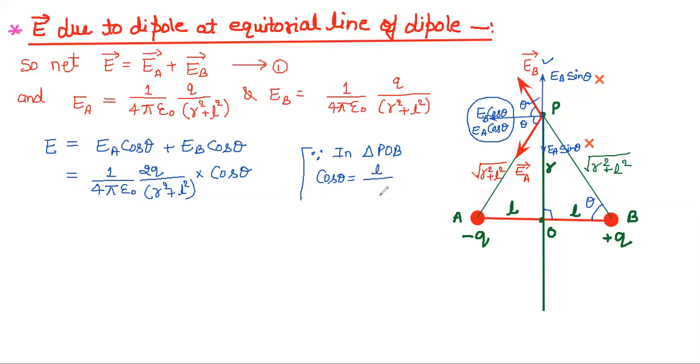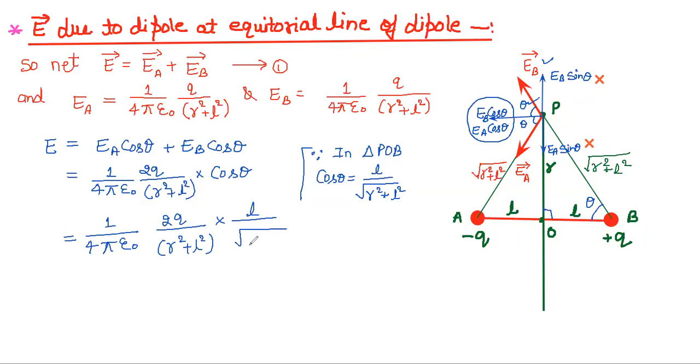Base is L, hypotenuse is under root R square plus L square. So we can put the value: 1 upon 4 pi epsilon naught, 2Q upon R square plus L square, into, in place of cos theta, L upon under root R square plus L square.